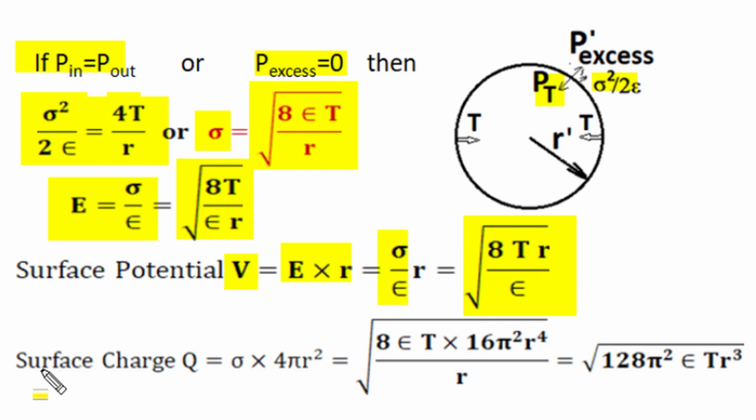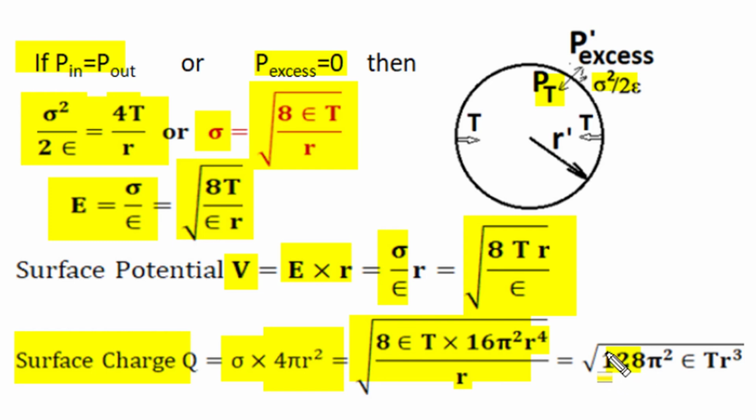We can also find out the total amount of surface charge on such a sphere having radius R, total spherical surface area 4 pi R square, and surface charge density sigma. In place of surface charge density we can write 8 epsilon capital T over R in square root, and the same quantity 4 pi R square when brought in the square root becomes square. 4 square is 16, pi square as pi square, and R square becomes R to the power 4, and when this is simplified this becomes 128.